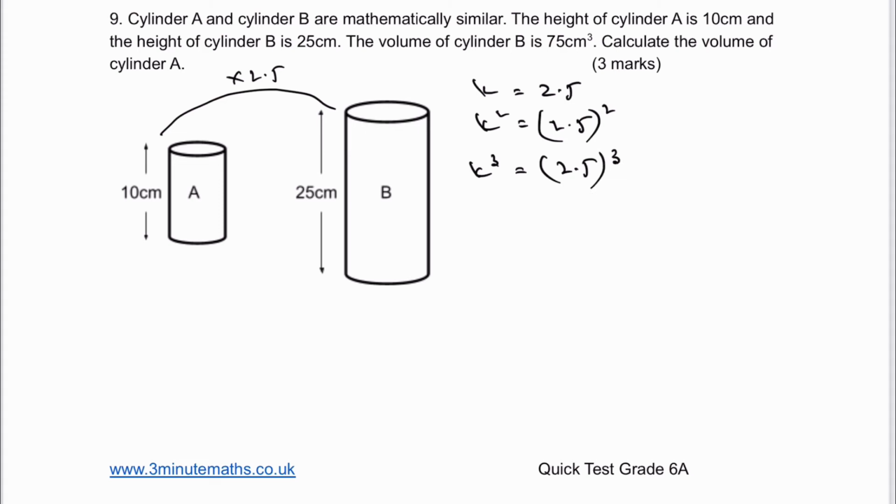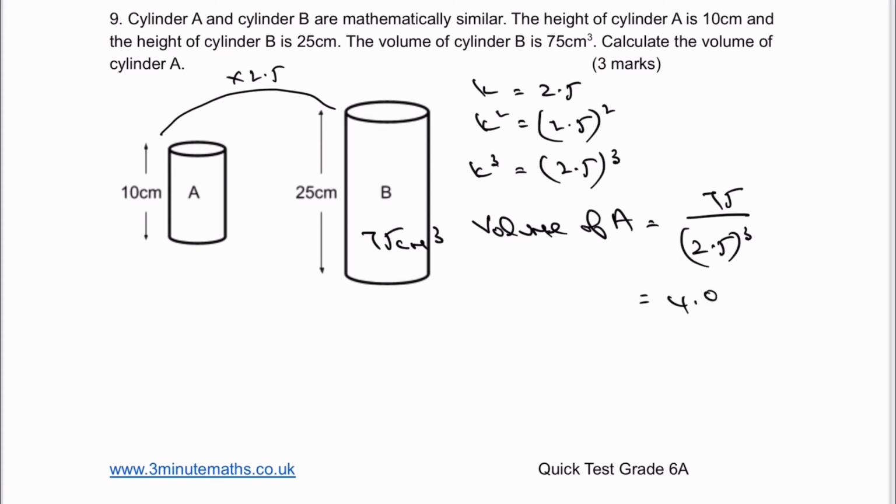So if I know the volume of cylinder B is 75 centimeters cubed, then to work out the volume of cylinder A, what I need to do is effectively divide by the volume scale factor. So it's going to be 75 divided by 2.5 cubed. Okay, if you put that into the calculator, you should get 4.8 centimeters cubed, which is the volume of cylinder A.